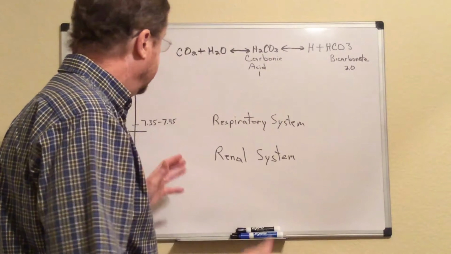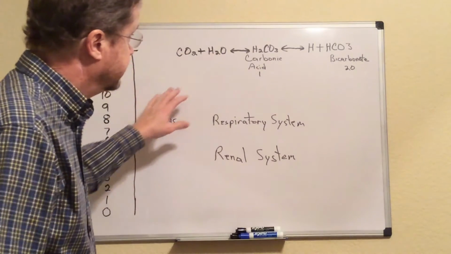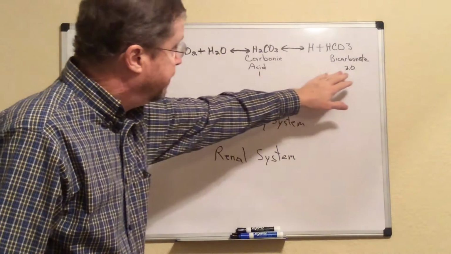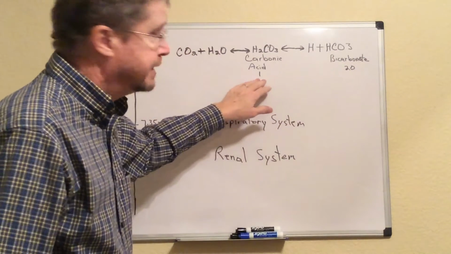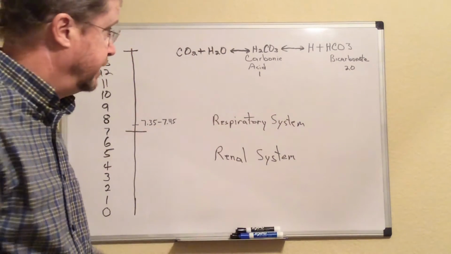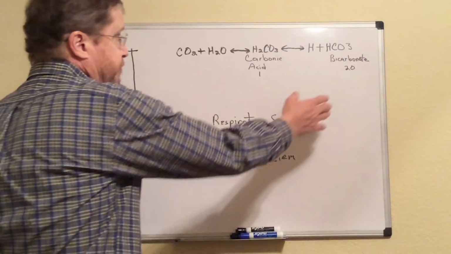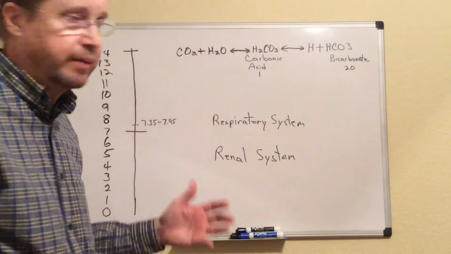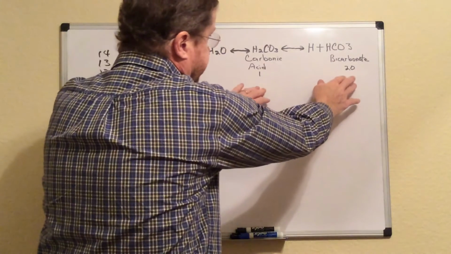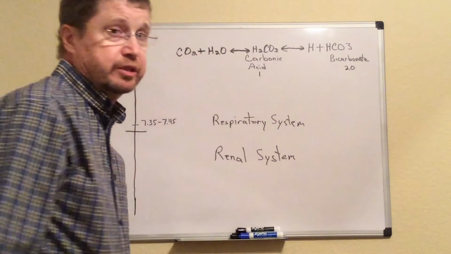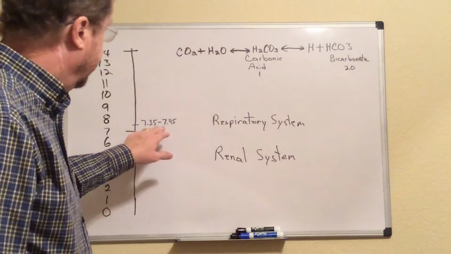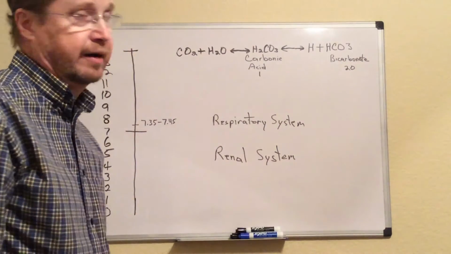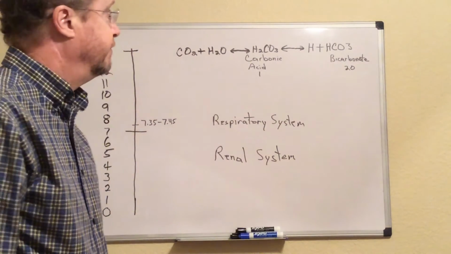Now, what the body does is tries to maintain a ratio of bicarbonate to carbonic acid in the bloodstream and interstitial space fluid of 20 bicarbonates for every 1 carbonic acid. As long as the body can maintain this ratio in the bloodstream and the interstitial fluid, then the pH will stay between 7.35 and 7.45.